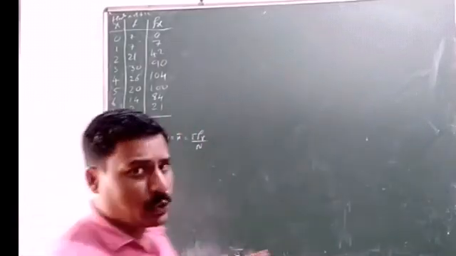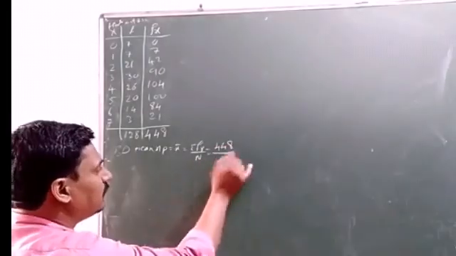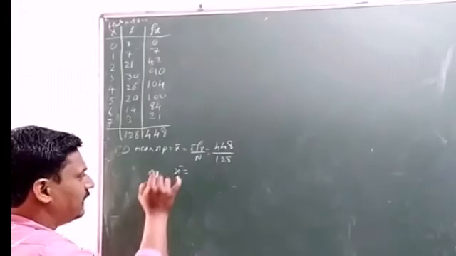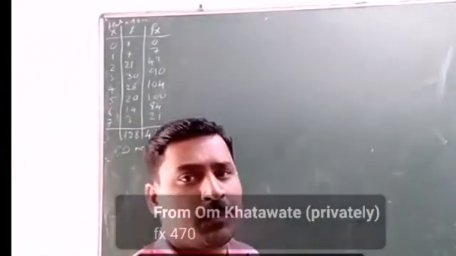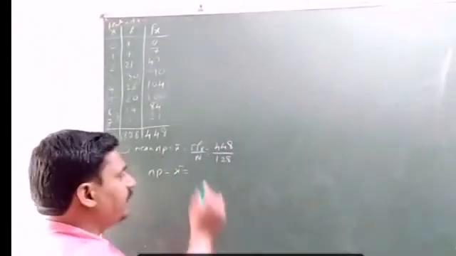Can you tell me the total? 448. So it is 448 divided by 128. So x bar, that is NP, is equal to 448 divided by 128, which is 3.5.